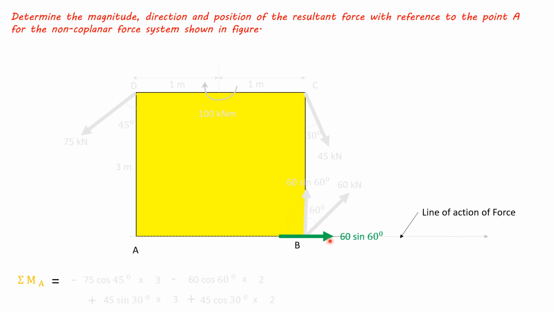This 60 sin 60 degrees component, the horizontal component, has line of action passing through point A, so it will have 0 perpendicular distance and its moment about point A will be 0.